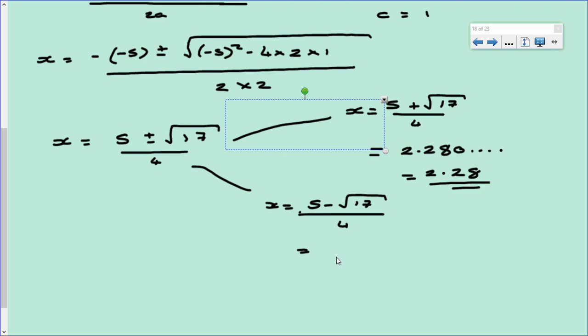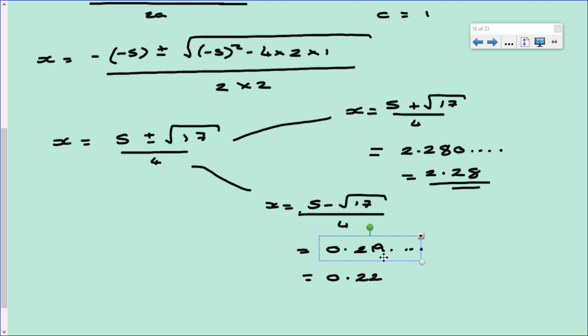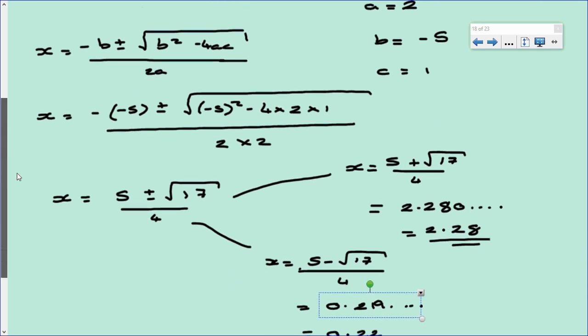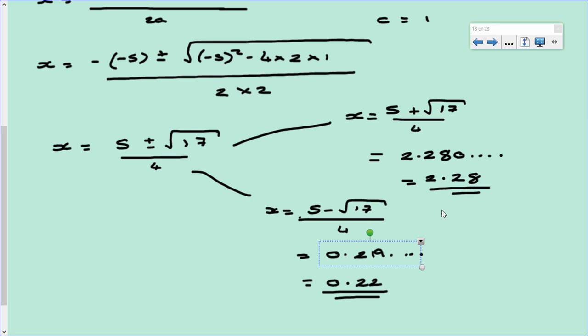And then 5 subtract root 17, all divided by 4, is 0.219 and so on. Or if I round that, it's actually going to be here 0.22 because this 9 is going to push that 1 up to a 2. So we'll get 0.22. Now I do appreciate that you've done all the quadratic formulae from home and all those questions, but that's why I'm trying to do as many as possible when it comes to starters and things, just to get us used to it.